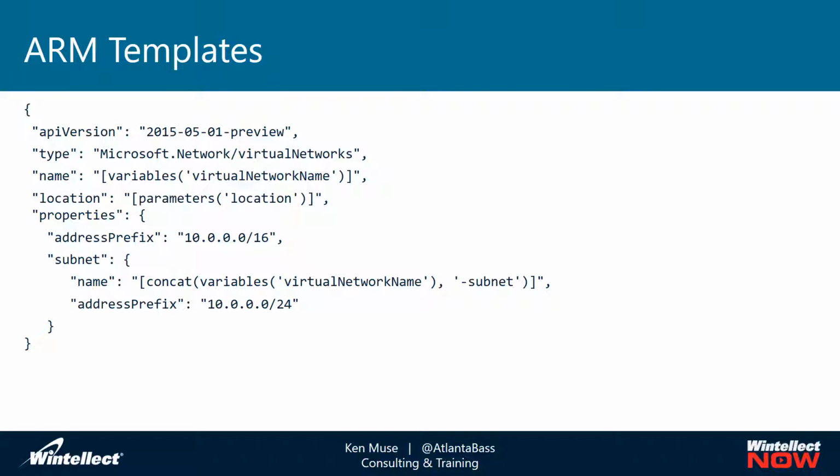This means that the same template can be used to deploy into multiple regions and create networks with multiple different names. But in every case, the virtual network will have a common address prefix and a common approach to how the subnets within it are defined, named, and configured. In this case, we're creating a network that's a /16, and then within that creating a subnet that's a /24.